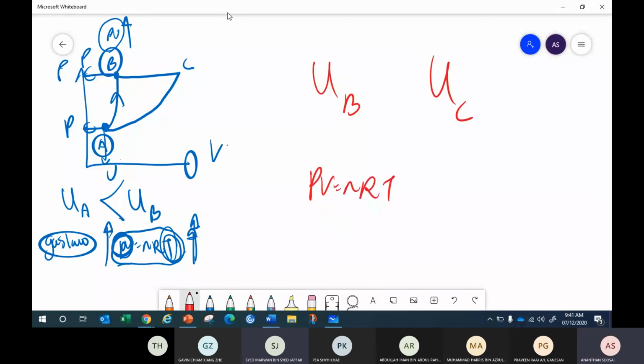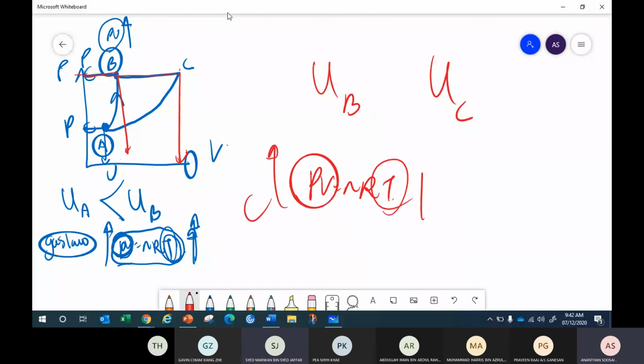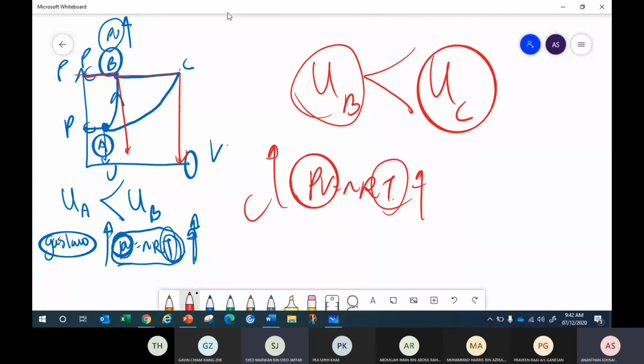B higher, PV equals nRT. At B you see this PV, at C you see this P times V. Which PV value is greater? The product of PV at B or at C? C gets a greater PV, right? So the temperature of C is higher. So the internal energy of C is greater than B.